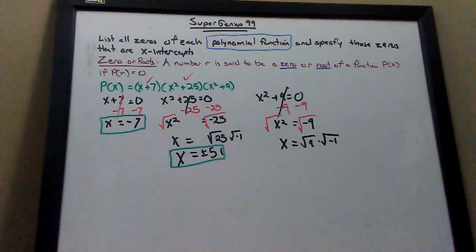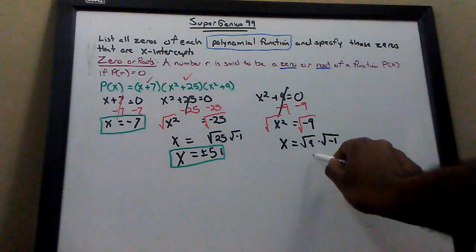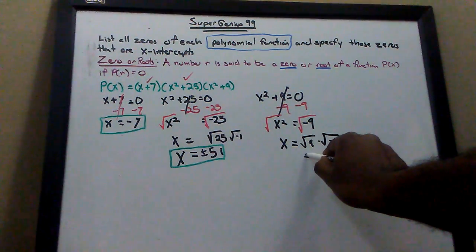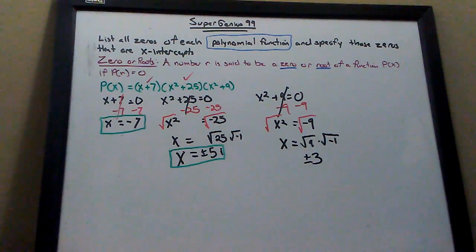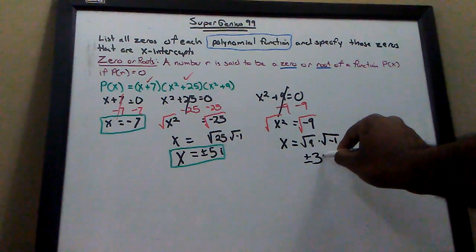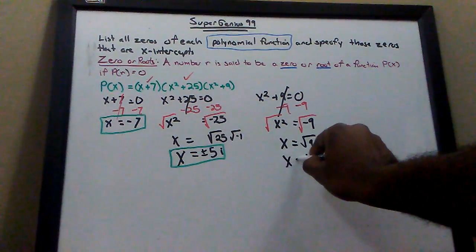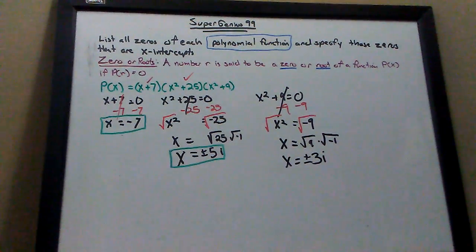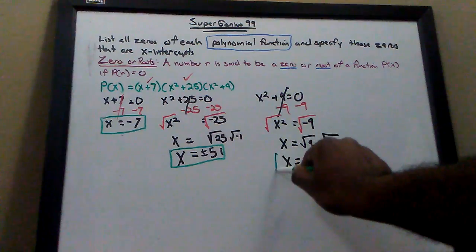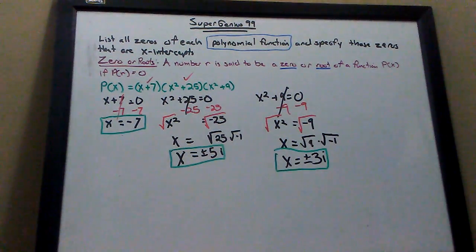Okay, square root of 9 is just 3, plus or minus 3. Square root of negative 1 is i, so x equals plus and minus 3i. Let's put that in the green box. So everything in the green box is basically our zeros. Okay, so I'll put a Z there for zeros.